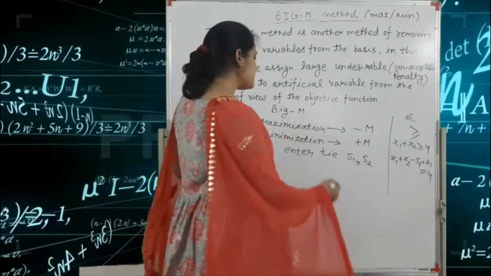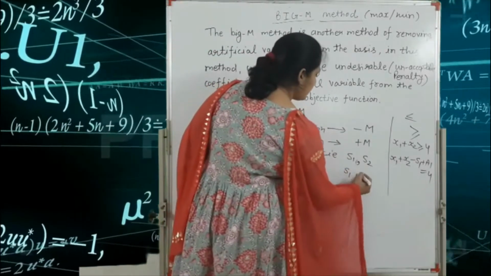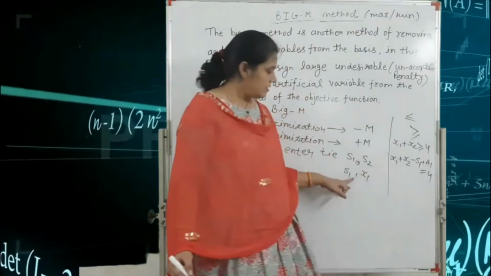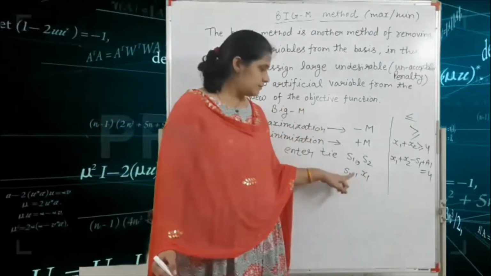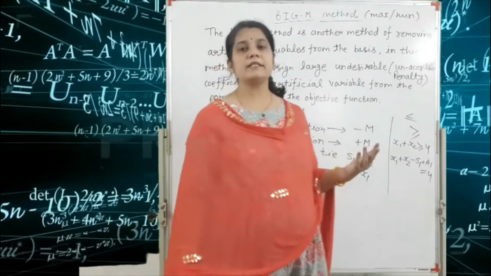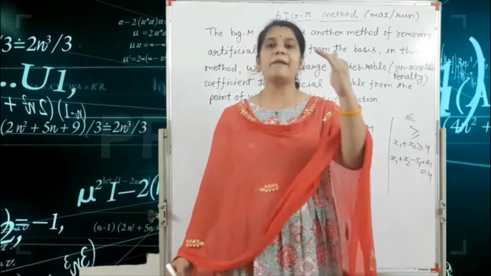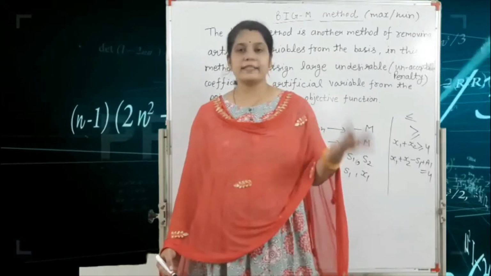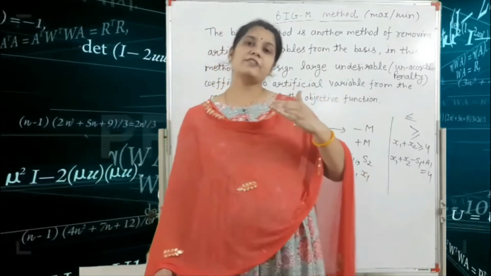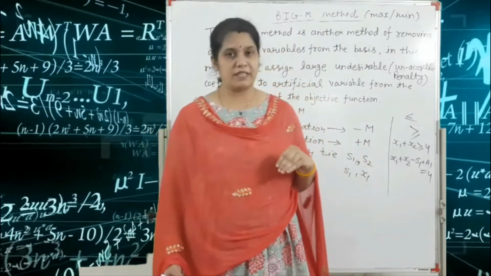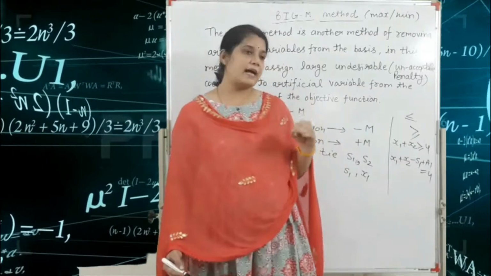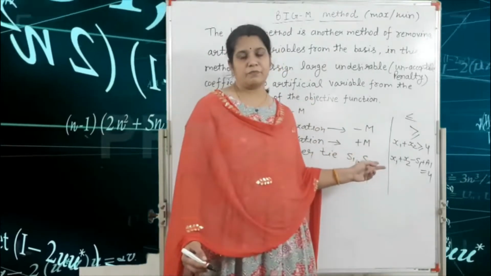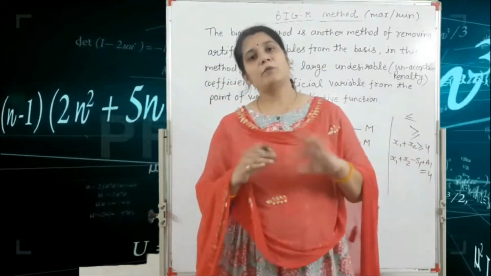Okay, but if there is a tie between S1 and X1, that means the basic variables S1 and S2, the slack variable and surplus variable, are the basic variables. A1, A2, A3 are the artificial variables, and X1, X2, X3 are the decision variables. If there is a tie between basic variables, you consider randomly, both are correct.